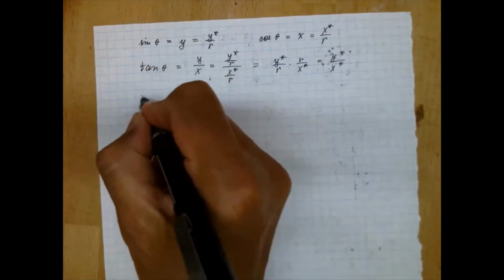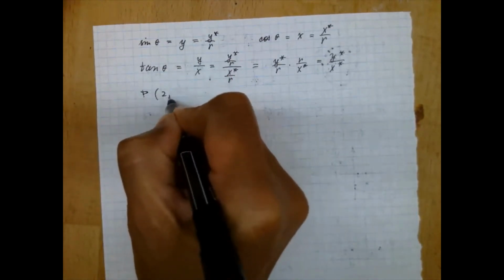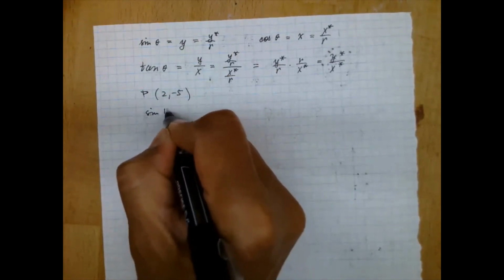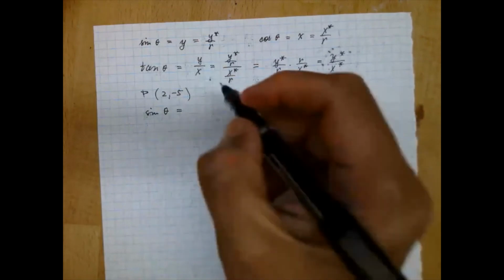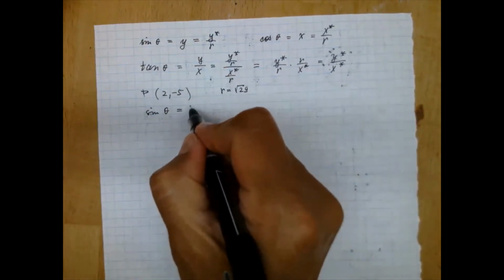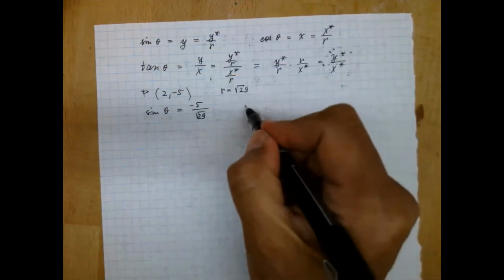Well, let's calculate what we have. So our point was, I already forgot, it was 2, minus 5, right? The point was 2, minus 5. So we have sine of theta. What was the radius, by the way? The radius was square root of 29, a very weird radius. Okay, sine was y, which is minus 5, over the radius, square root of 29.